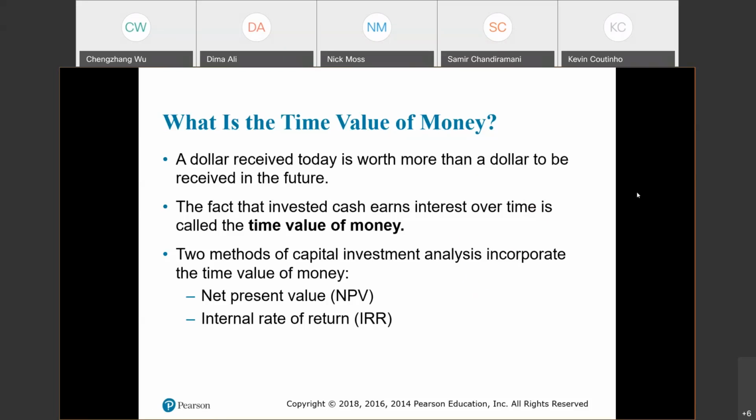Simply speaking, this concept, the time value of money, considers the existence of interest. This concept explains why we would prefer to receive cash sooner rather than later. The time value of money means that the timing of capital investments' net cash inflow is important.